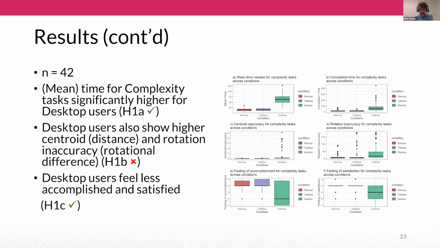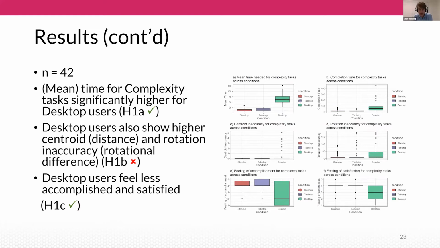Plots E and F at the bottom show us the feeling of accomplishment and satisfaction. In plot E, we see that the distributions for the feeling of accomplishment in the VR conditions do not differ much.